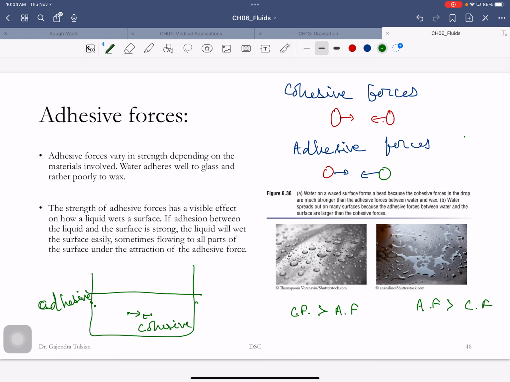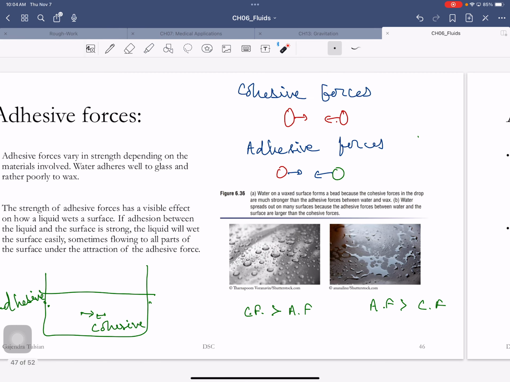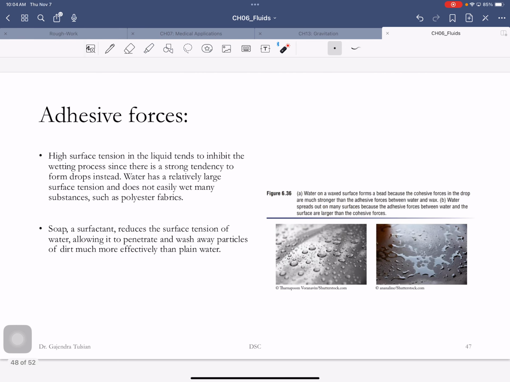All right, so for a liquid to wet a surface, the adhesive forces must be greater than cohesive forces. And when the cohesive forces are greater than adhesive forces, it doesn't wet a surface. All right, so high surface tension in a liquid, so surface tension is that gamma.